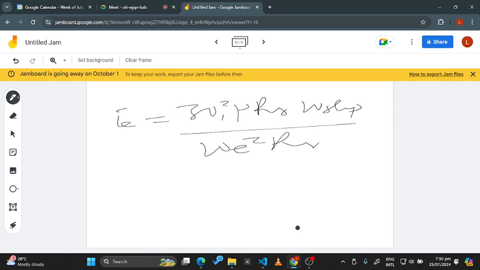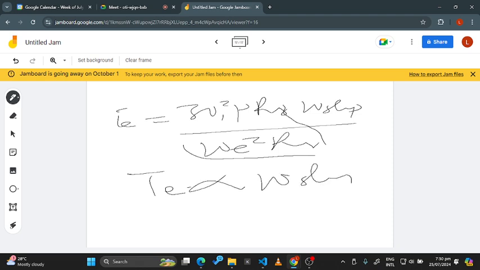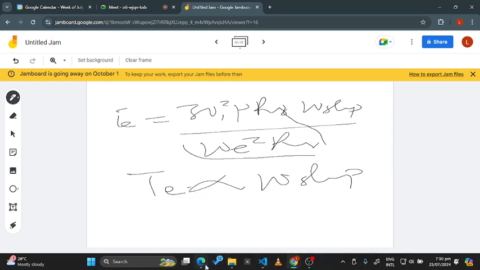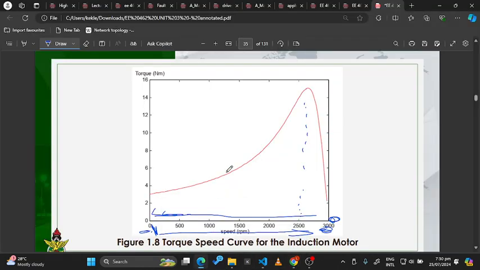Then TE, because all of this here is a constant if the supply is constant, is proportional to the slip frequency. I hope that's okay. So that's what we are saying over here.